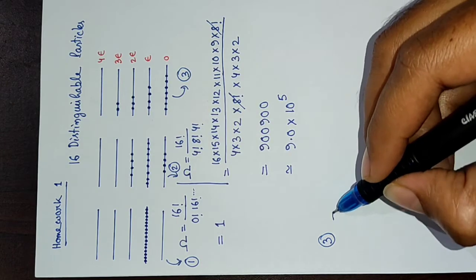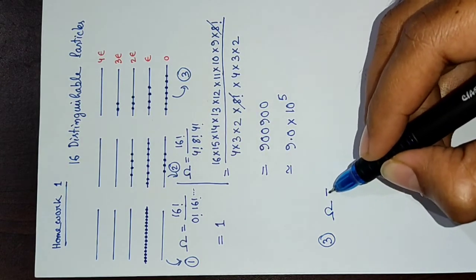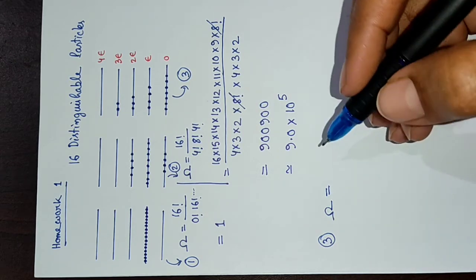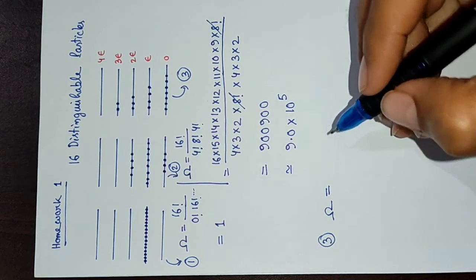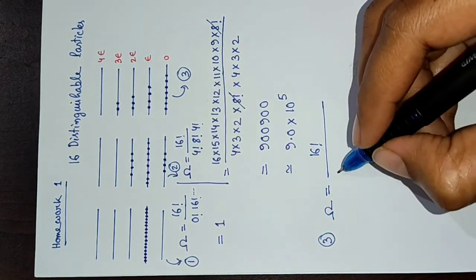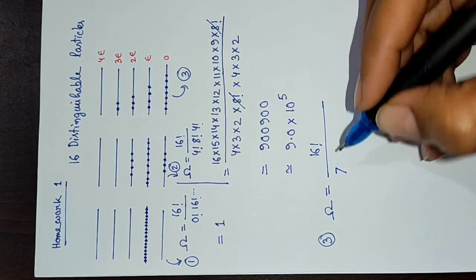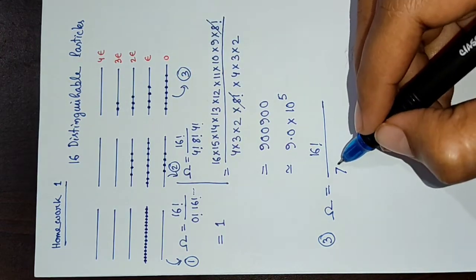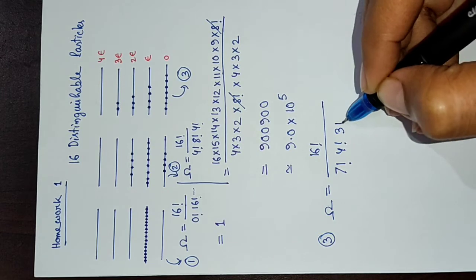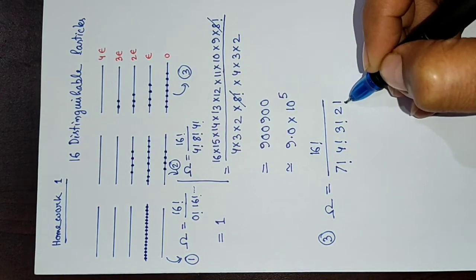So the number of microstates in the third macrostate, that is the thermodynamic probability corresponding to the third macrostate is, it will be 16 factorial upon, here it is 7 factorial, then 4 factorial, 3 factorial, 2 factorial.